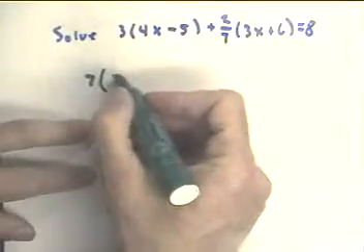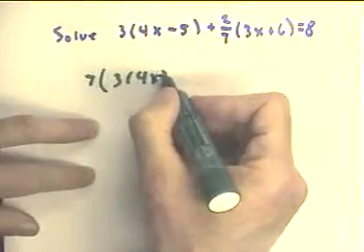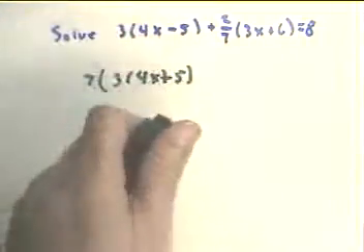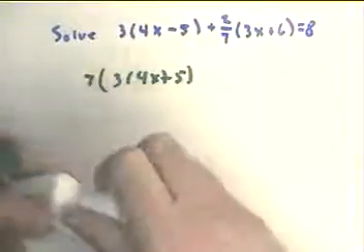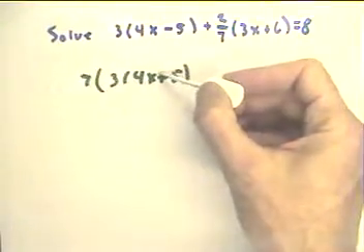We get 7 times 3 times 4x minus 5. And the parenthesis shouldn't have been there. I got ahead of myself. So let's get rid of that.